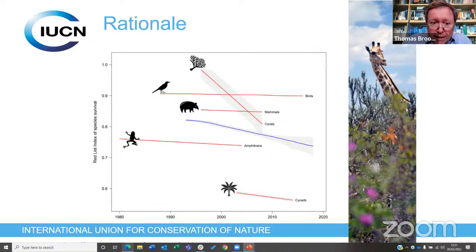Specifically, the Red List Index measures change in aggregate extinction risk across entire groups of species. It's a long established indicator. It was first published back in 2004 with aggregate data across multiple species groups available back to the early 1990s, and indeed back into the 1980s for some species groups. Next slide, please.